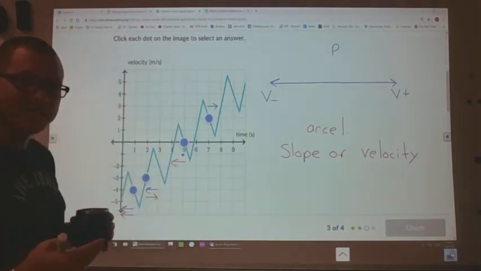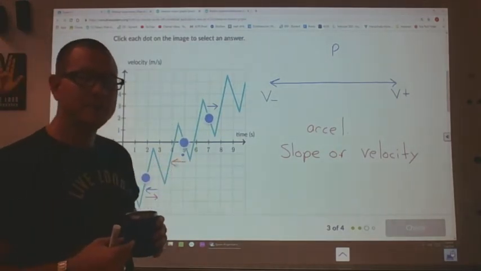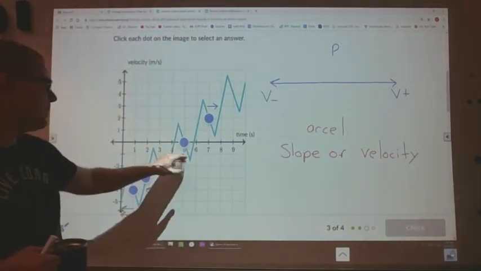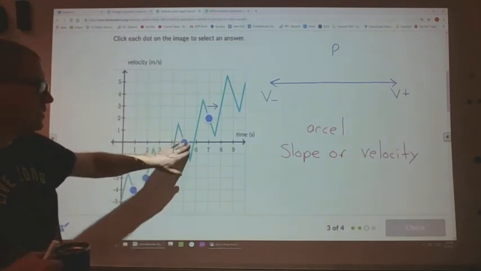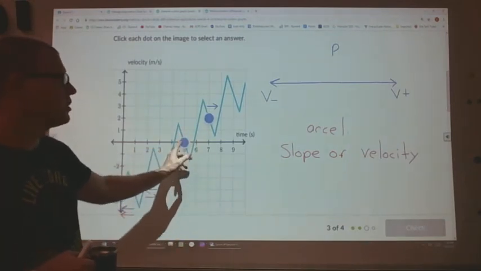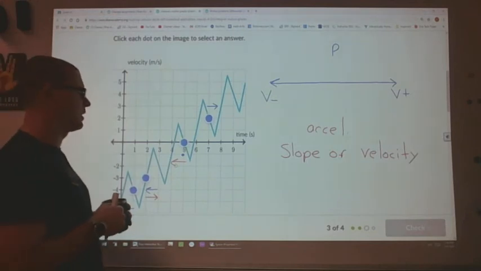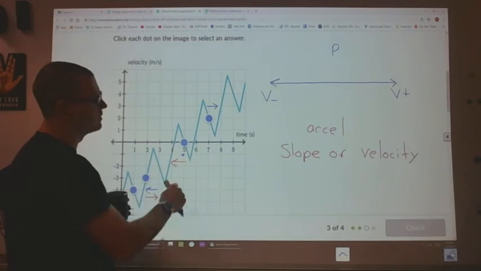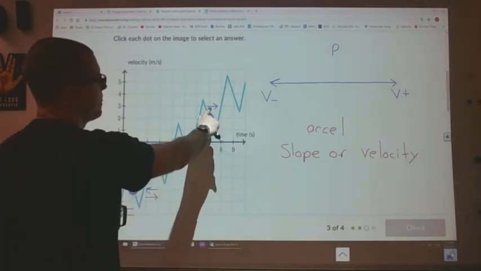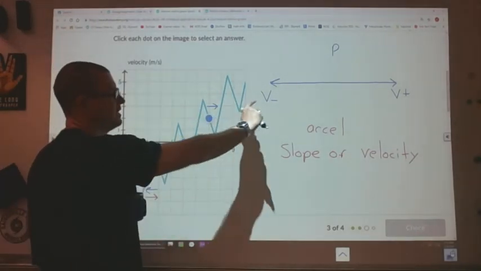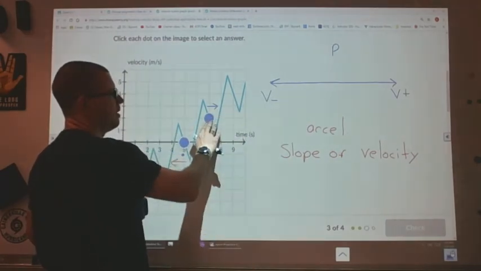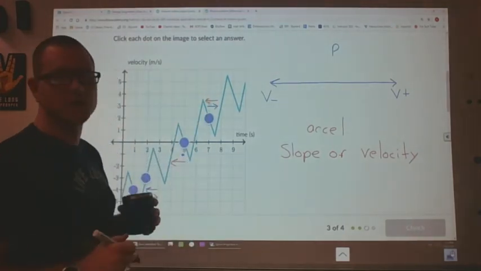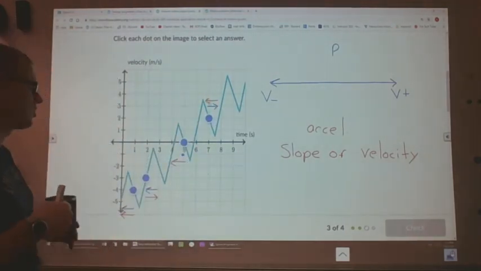But if we have no velocity, we can't be speeding up or slowing down or neither. So for this one, I think it's going to be speeding up, actually. We have 0 velocity, so it doesn't matter which direction you go. It's going to be speeding up if we interpret that correctly. We would have the neither case if it was right at one of those vertices. Here, we are going to the right now. Our velocity is to the right, so positive velocity, but it is a negative acceleration, so we're braking, so we are slowing down.